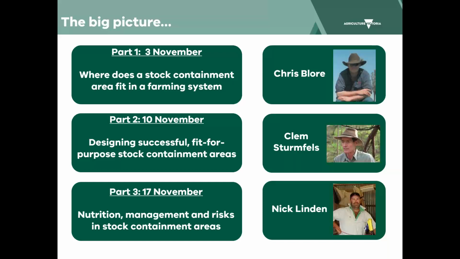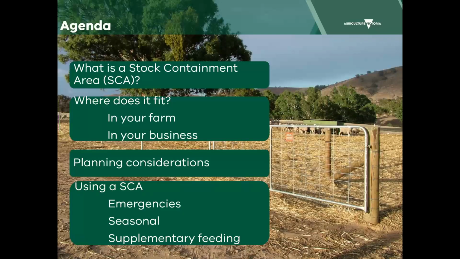So tonight, I just want to cover what in Victoria, at least, we define a stock containment area as. I know this is a national platform, so I do apologise in advance for some of the businesses and farmers in New South Wales, South Australia, Queensland, Western Australia, wherever else you may be joining from. While this is our definitions, I imagine that they are extremely similar to what your jurisdictions will have.